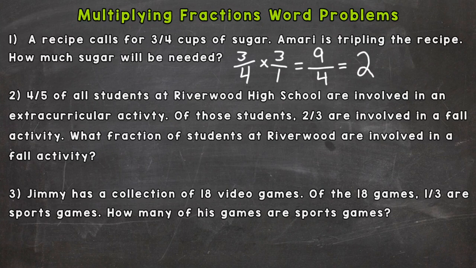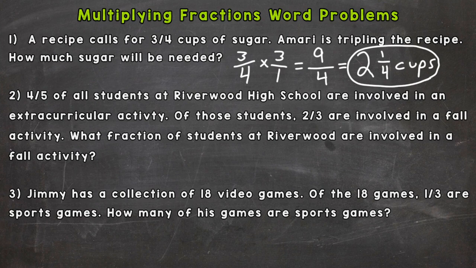I didn't hit 9 exactly, so I have a remainder of 1, and I keep my denominator of 4 the same. Since it's a word problem, I need to answer that question with a label here, and it's how much sugar will be needed. So we need 2 1/4 cups, and that's our answer.